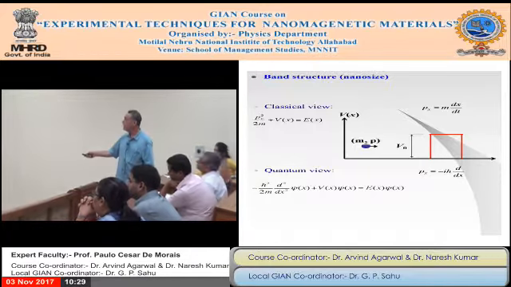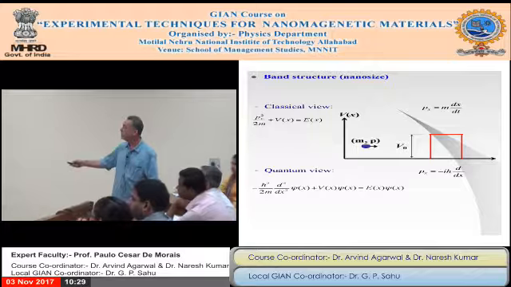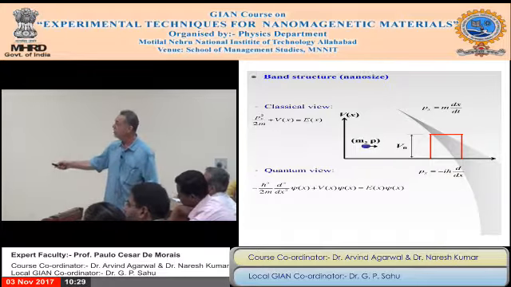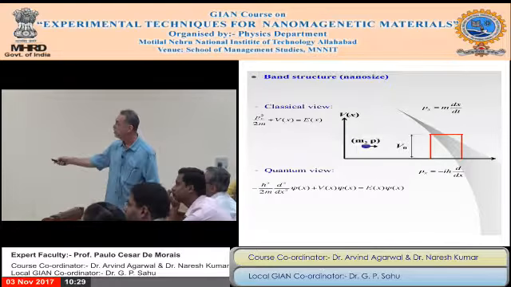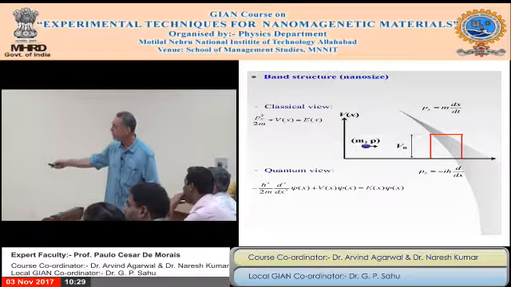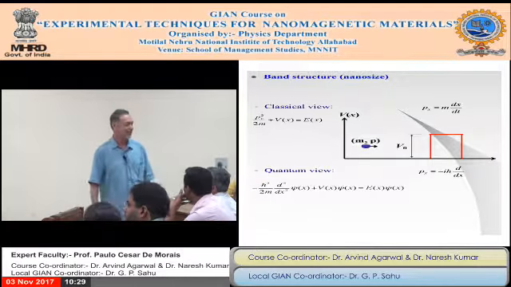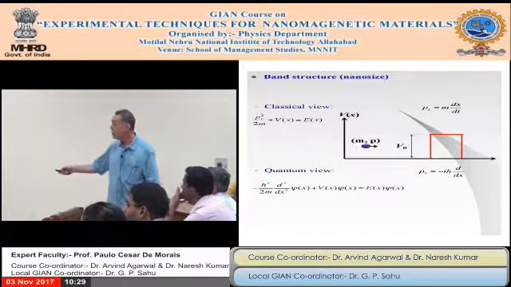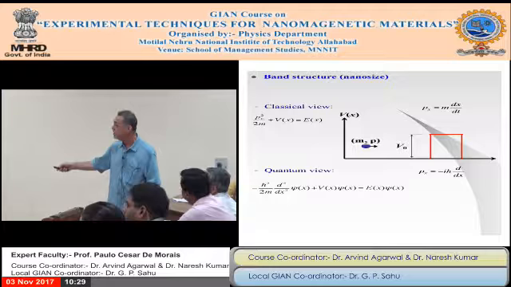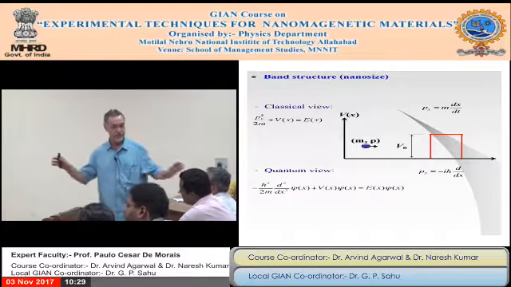If you take this square over 2m, like we take here to calculate kinetic energy from the classical point of view, if you take this operator square over 2m, you get exactly this. So this equation is nothing else than kinetic energy plus potential energy is the total energy. Only this.